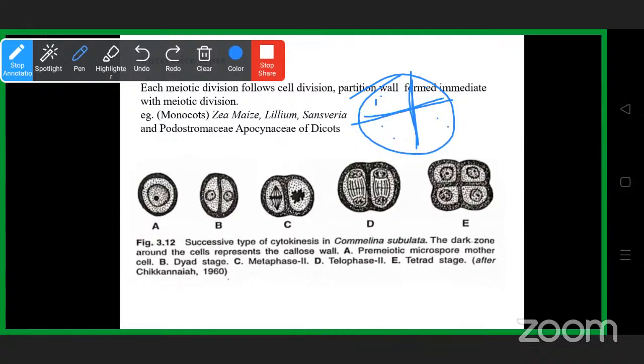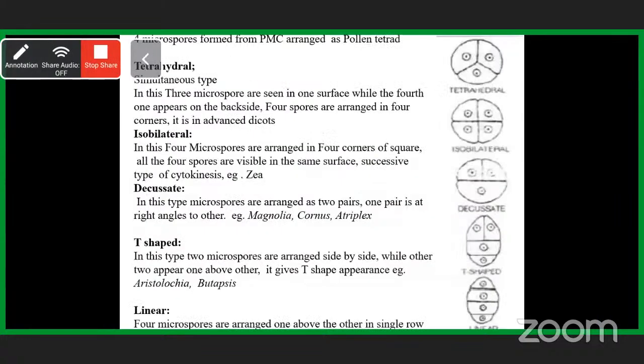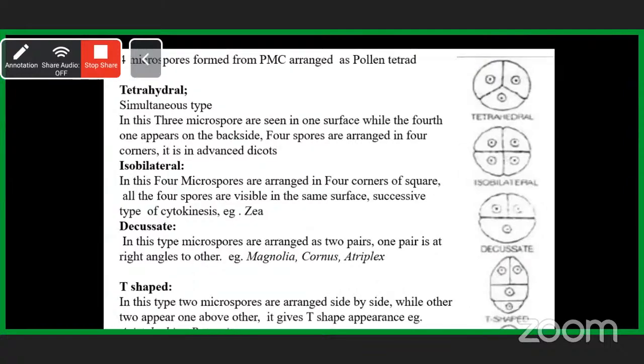Another one is the successive. After taking the 4 divisions, forming the 4 cells only, it forms the cell wall. These are the 2 types, so that it forms various types of structure of the pollen. You see the various structures of the pollen.